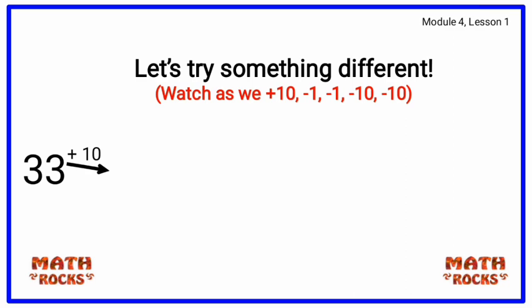Alright, I'm starting with what? 33. 10 more than 33 is what? 43. 43. 1 less, which is minus 1. And that gives me what? Good, 42. And then 1 less again.